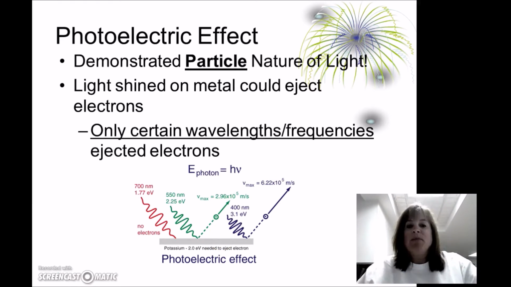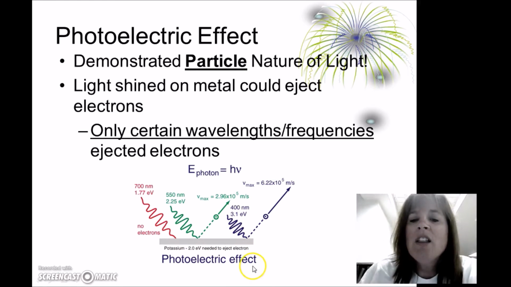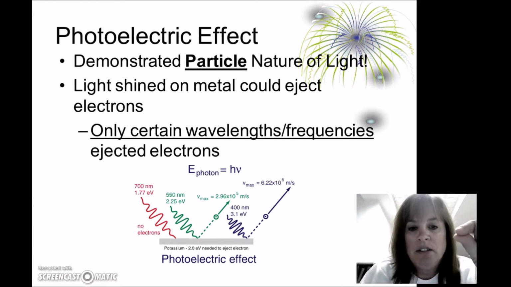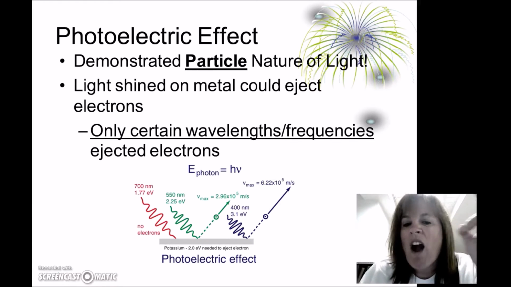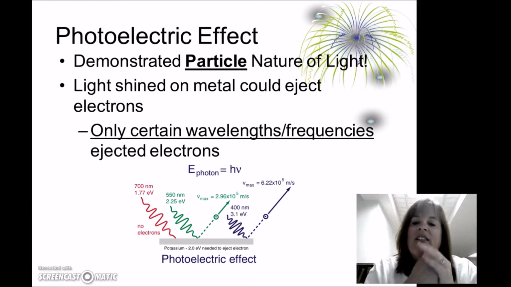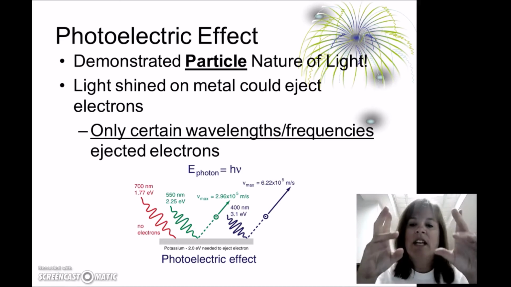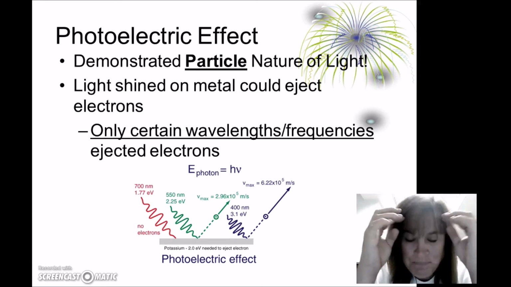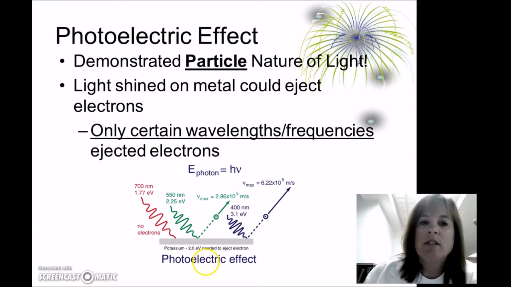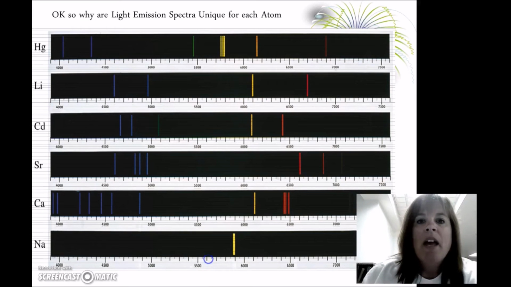I can light some light bulbs. So the photoelectric effect showed that you needed a specific amount of energy in a particle to get the electrons to come out. It's kind of like throwing rocks, right? They had to have enough energy in order to get those electrons to come out. And that was the work that Einstein did.